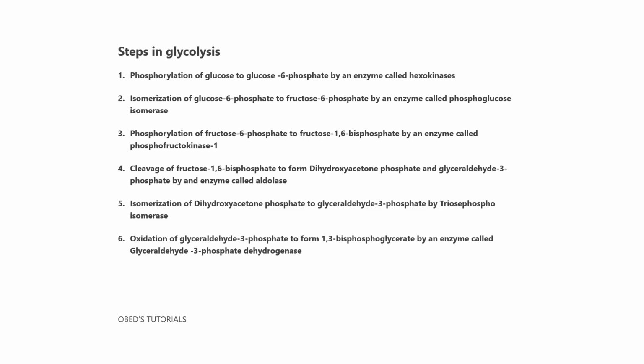You get it? By an enzyme called phosphoglucose isomerase. Phosphoglucose isomerase. So what happened is that the carbonyl oxygen of glucose phosphate is shifted.